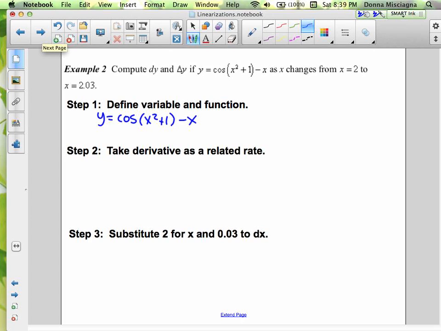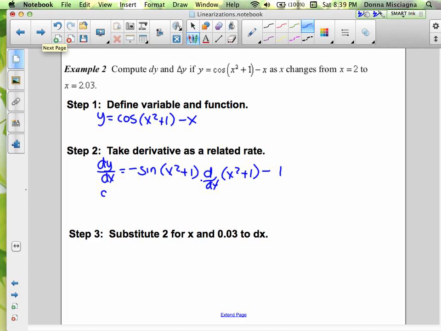Take the derivative. So dy/dx equals the derivative of cosine, which is negative sine of the blob, whatever's in the blob, times the derivative of the blob. And then the derivative of the x is just 1.